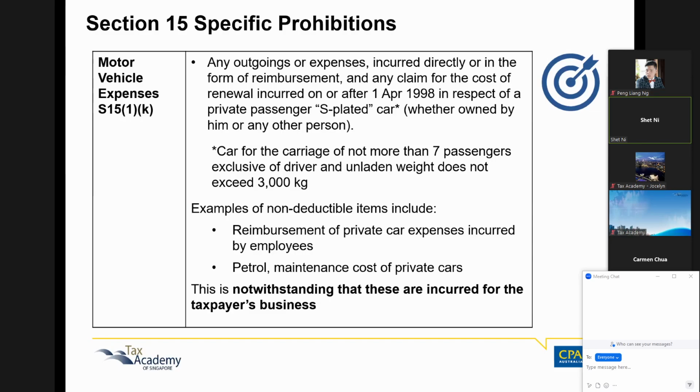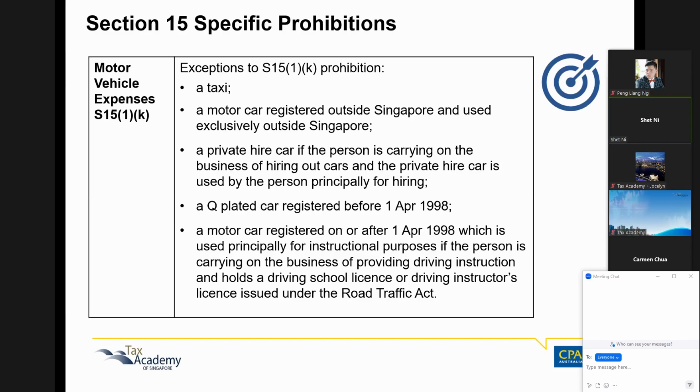In this case, if the company reimburse these employees on the, let's say, petrol costs, maintenance and things like that, they are not deductible. Okay, so this is one thing that you have to remember. So even if it is for business purpose, okay, it is not deductible.